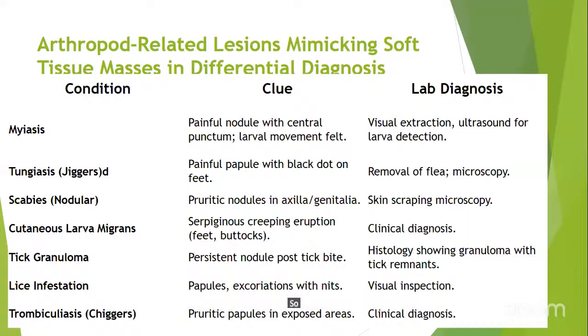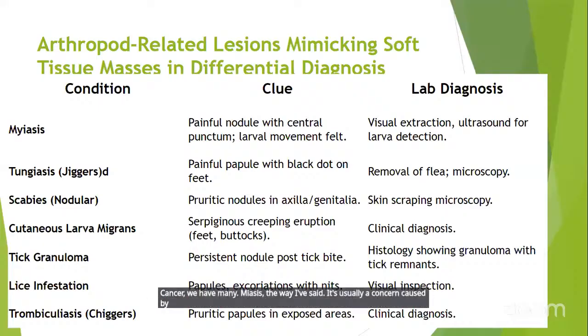So for arthropod-related lesions that mimic cancer, we have many. Myiasis, the way I've said, is usually a condition caused by larvae of some types of insects. A patient presents with a painful nodule with a central puncture, meaning there is something like a small hole.